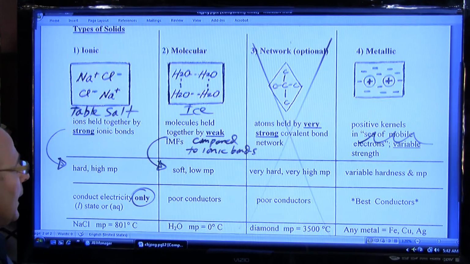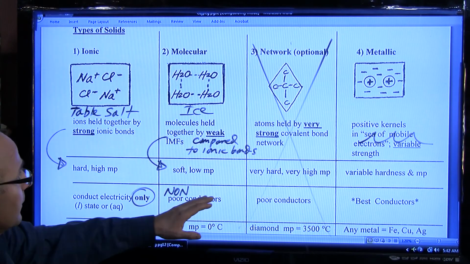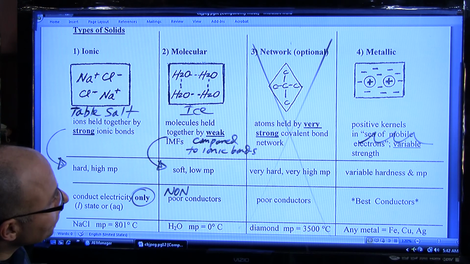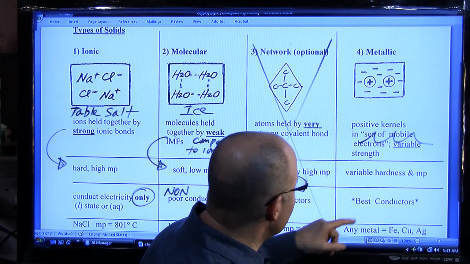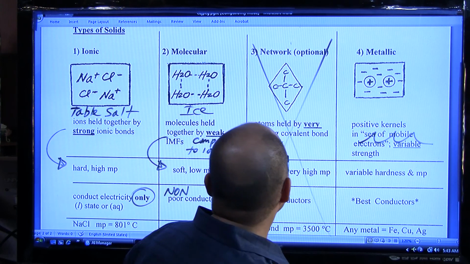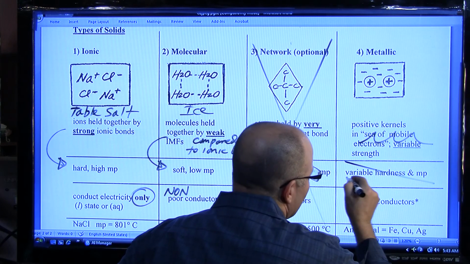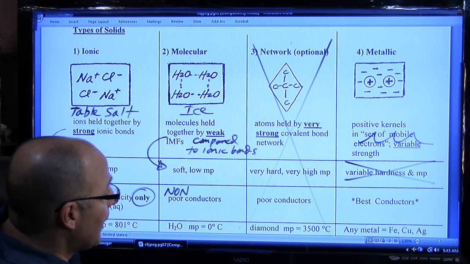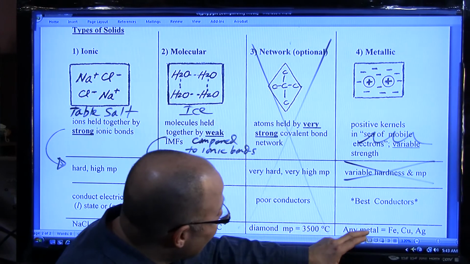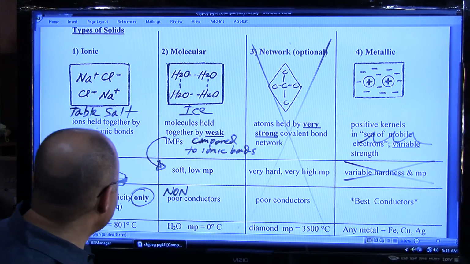Molecular solids, on the other hand, are poor conductors, and sometimes they're referred to as non-conductors in comparison. And of course, when it comes to metallics, you should remember that they are the best conductors compared to molecular and ionic in any state. I wouldn't worry, though, about the hardness or melting point of metallics. When it comes to metallics, any metal will serve as an example for metallic.